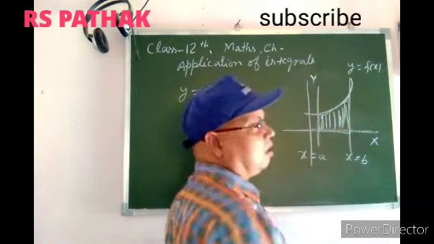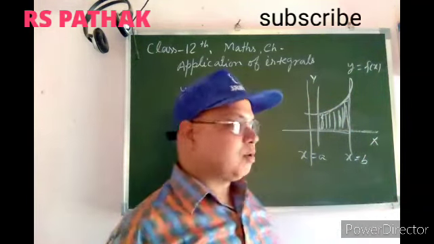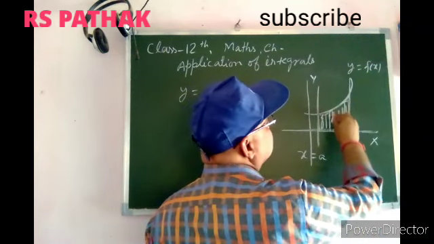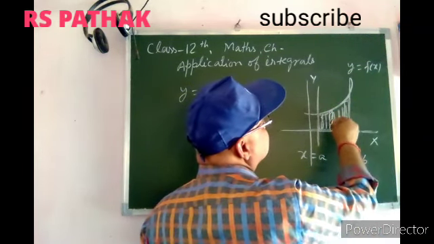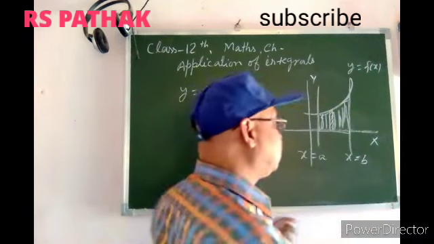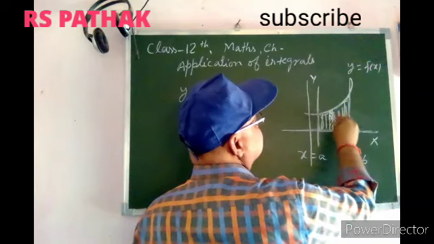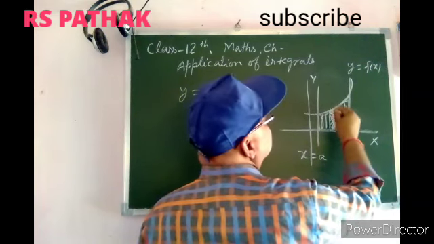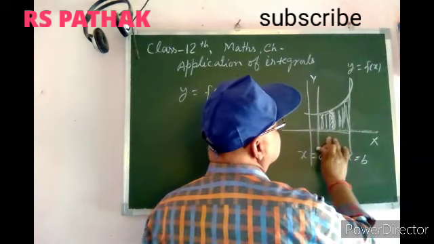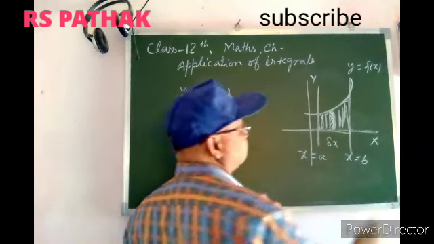For this, we can assume this is made of a strip. Strip means this is a strip. Its thickness is delta x.